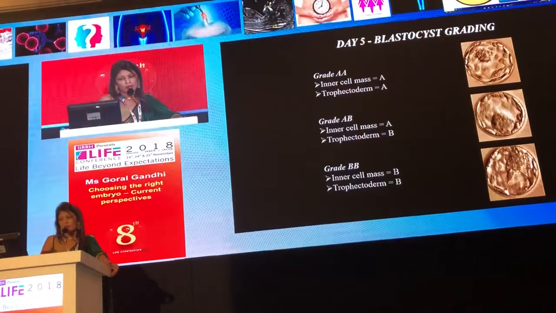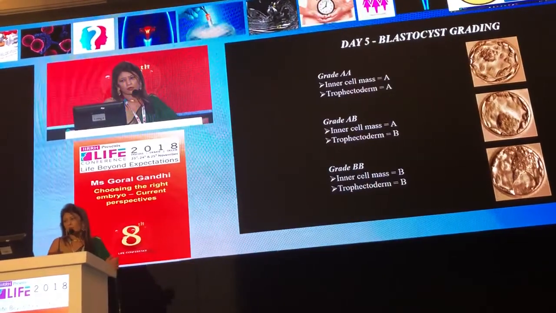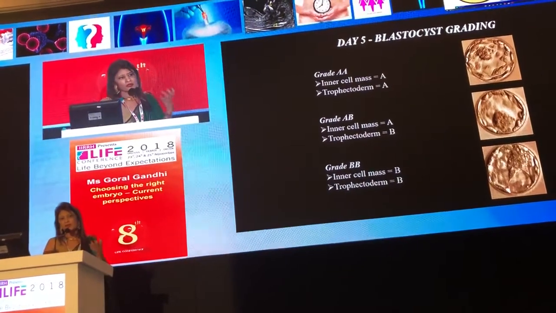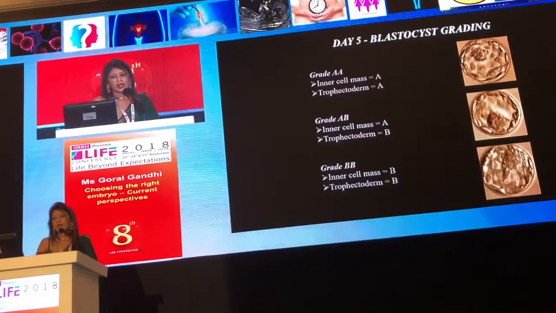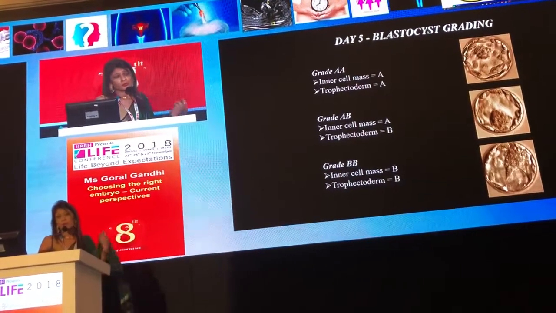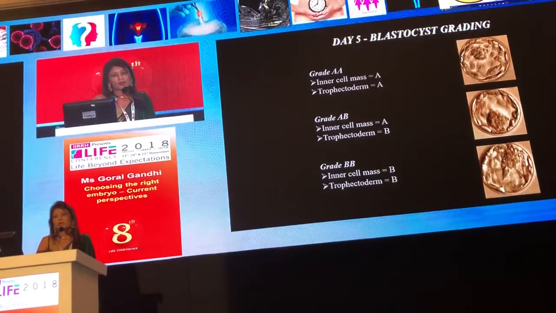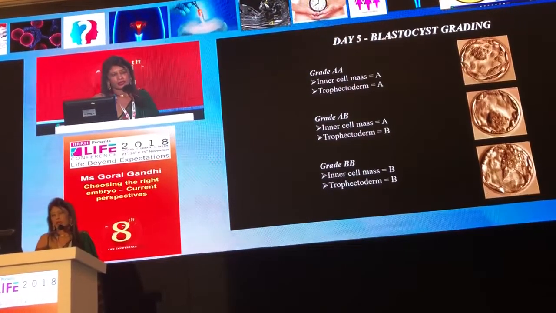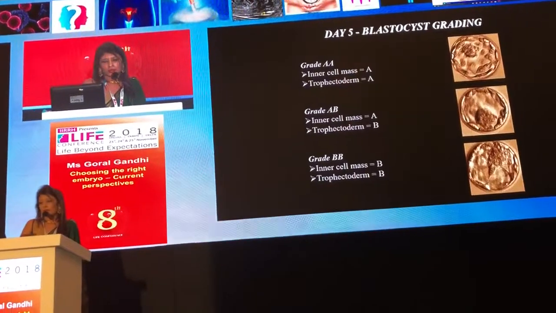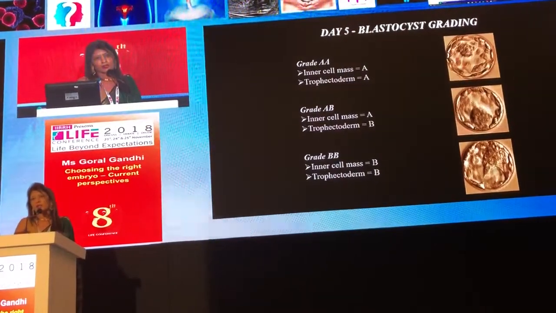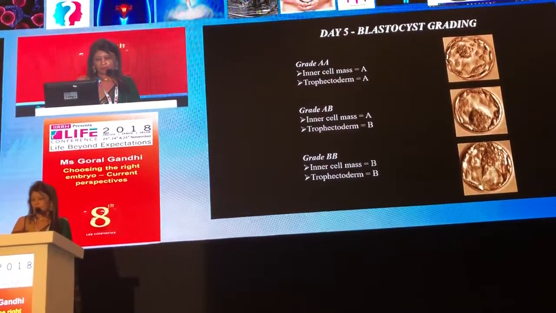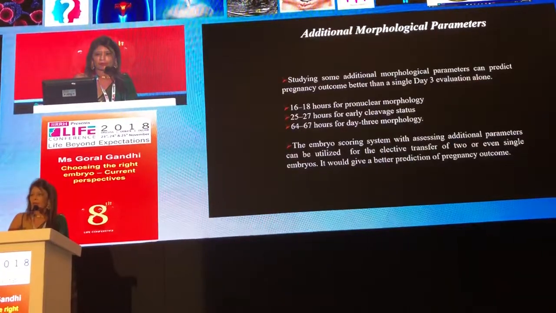A good blastocyst, a grade AA blastocyst, is going to have an inner cell mass which has a lot of cells nicely compacted, and the trophectoderm plays a great role in implantation. It is going to form the placenta, so we want the trophectoderm to be of grade A quality. So we select a blastocyst that is expanded, a 4AA blastocyst.